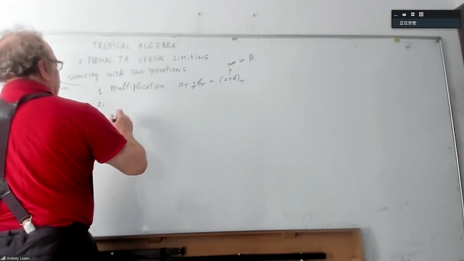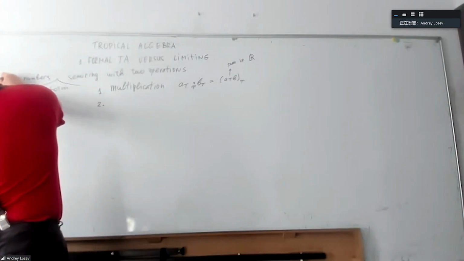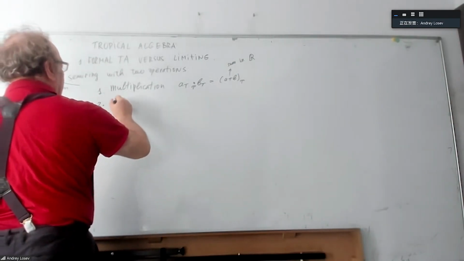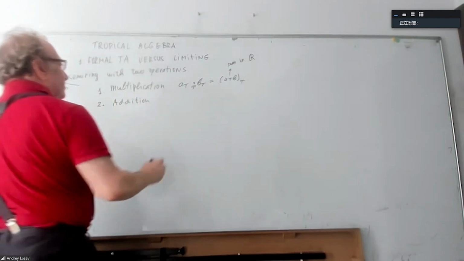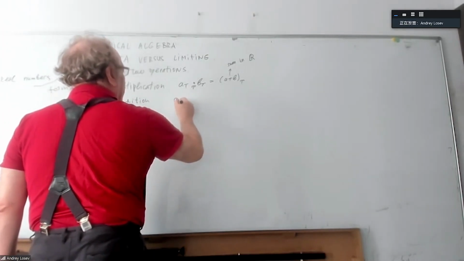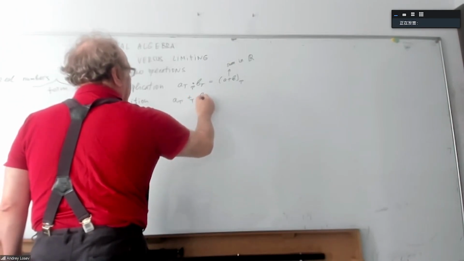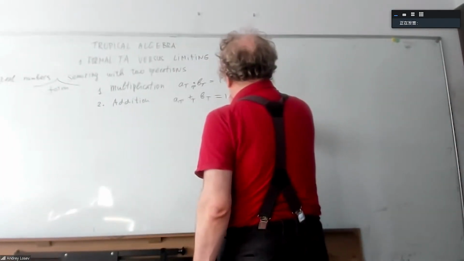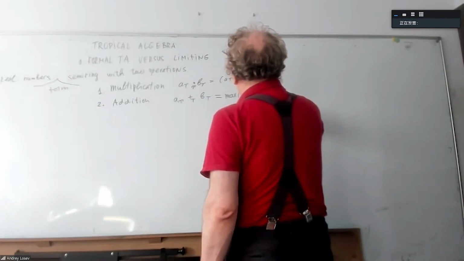I'll see it. Second property, no, real. Second property is addition. A tropical tropical plus B tropical is the maximum between A tropical and B tropical.